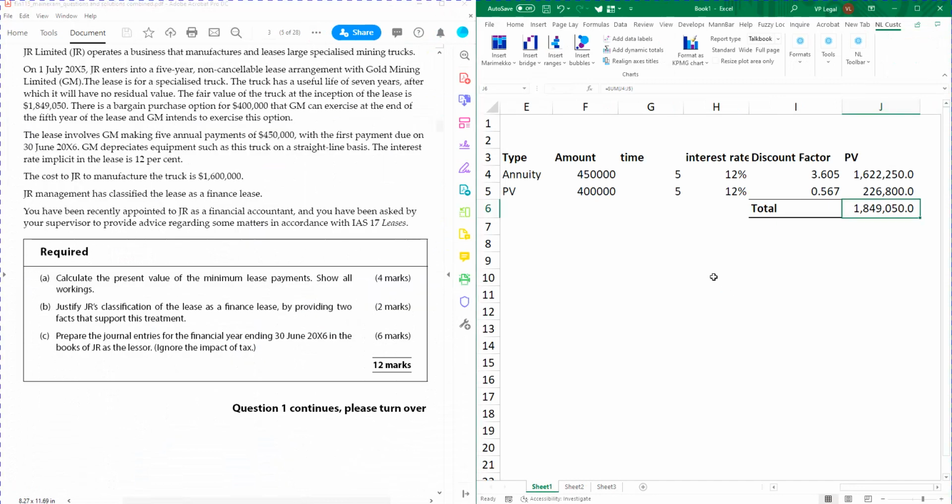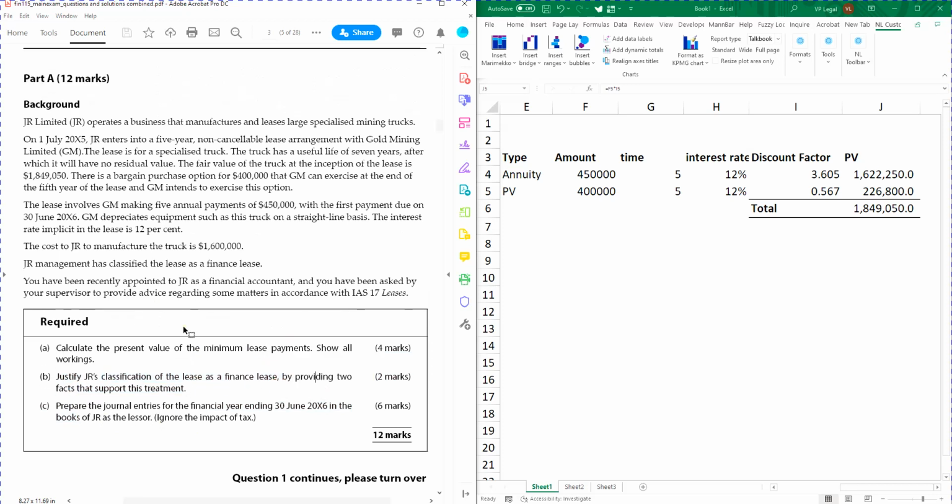How you would get those marks is probably 2 for the correct answer and 1 mark each for the calculations. Okay, so let's move on to the next question, which is classifying. Justify, which means provide evidence to support their own judgment as a finance lease by providing 2 facts that support this treatment.